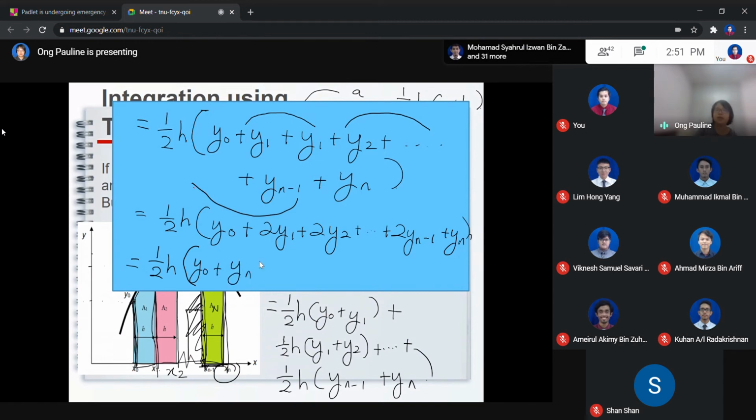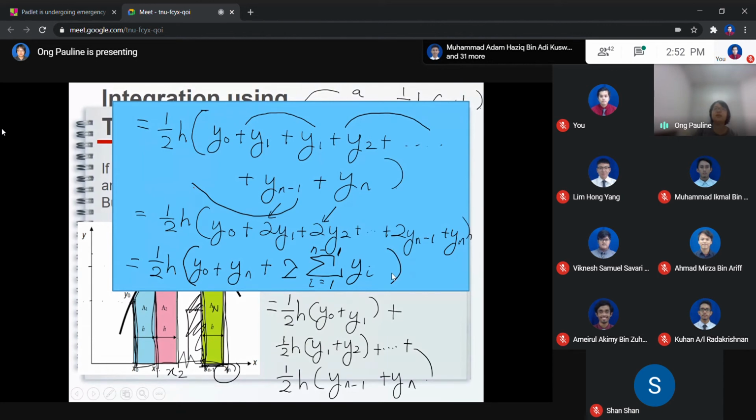Inside here, these are the intermediate values between y naught and yn, and they have the same constant coefficient 2. So I can have a 2 here, and y1, y2 until yn minus 1, so I can use the summation form for yi, where i starts from 1 until n minus 1.